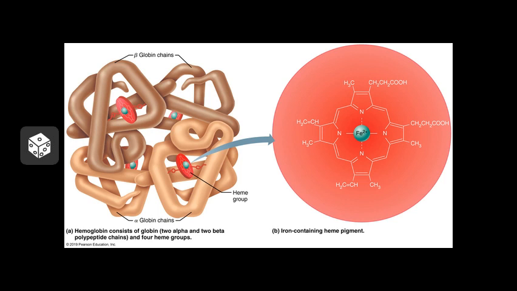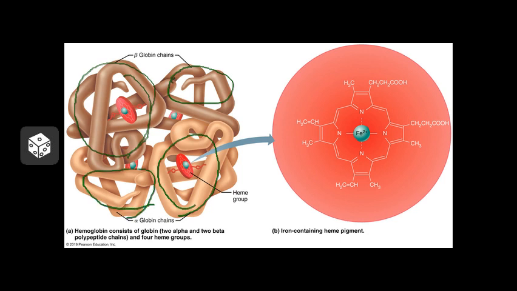So let's take a look now at what hemoglobin is. Hemoglobin is a quaternary protein. It's made up of 4 amino acid or peptide subunits. There are 2 beta globin chains here, and 2 alpha globin chains down here. Now, in the middle of each one of these, this is where we find the heme group.